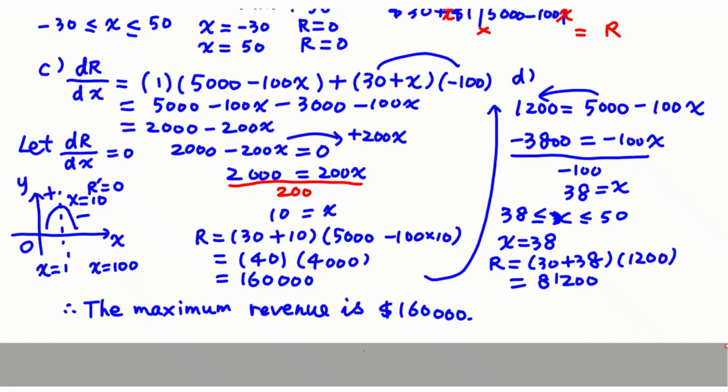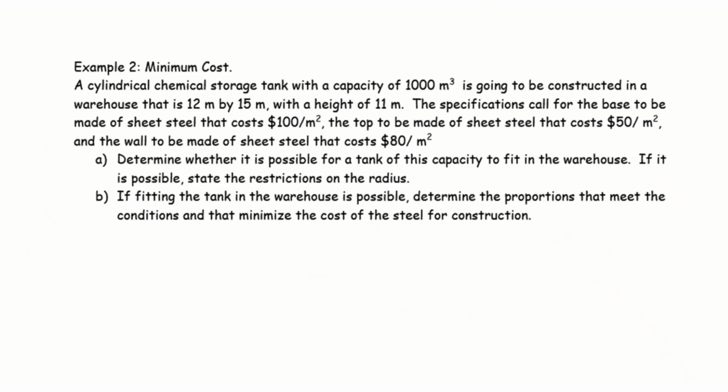So example 2 is involving finance again. So minimum cost. A cylinder chemical storage tank with a capacity of 1,000 meter cubed is going to be constructed in a warehouse that is 12 meter by 15 meter and a height of 11 meters.